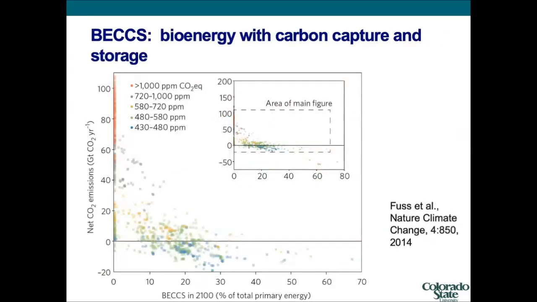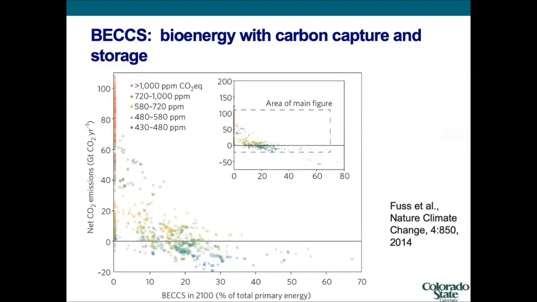The red is at the top, and the green and blue down here are net CO2 emissions per year. And the x-axis is how much of our total primary energy we derive using that BECCS strategy of partial fuel making and partial sequestration.